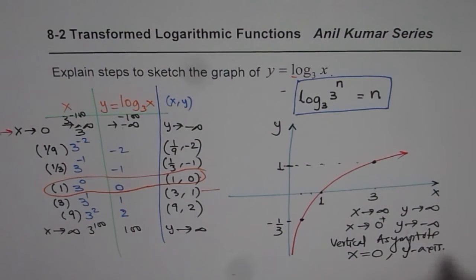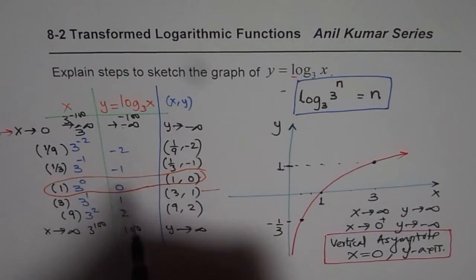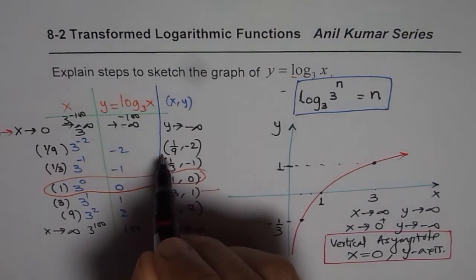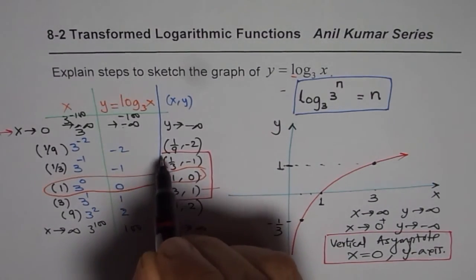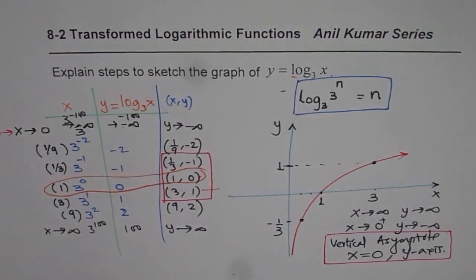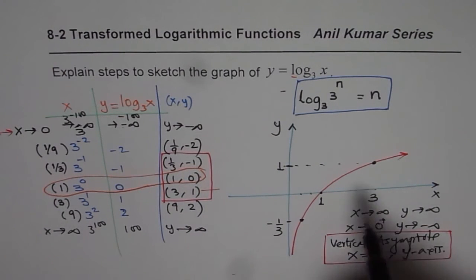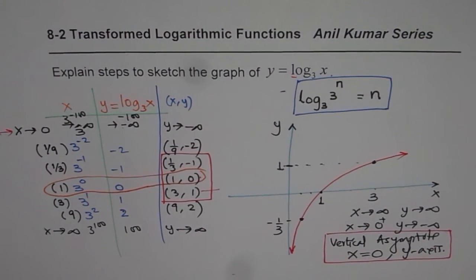Do you see that? So what you need to consider is the vertical asymptote x equals 0 and at least these 3 points. That is the bare minimum which you should consider, which I am considering here. So that is my vertical asymptote, and these 3 points.